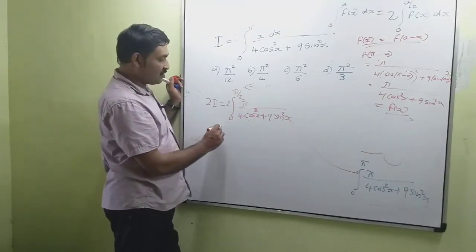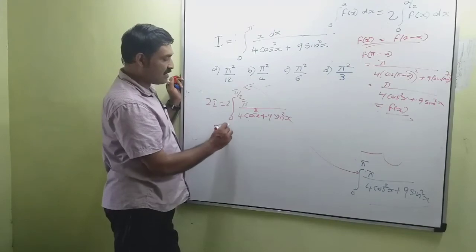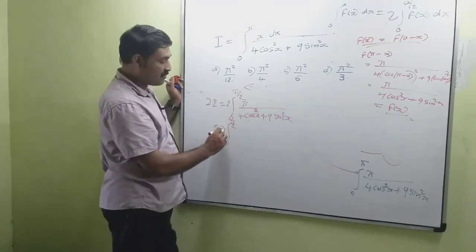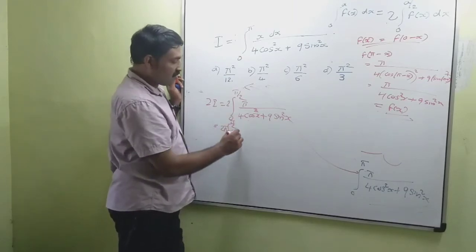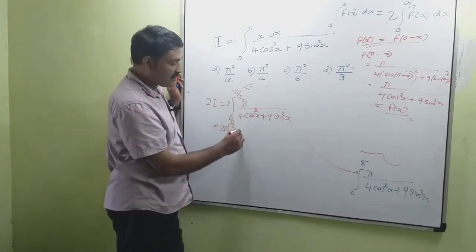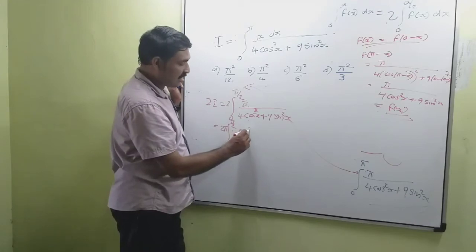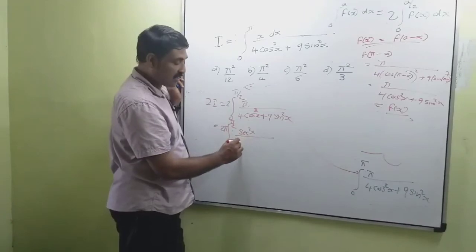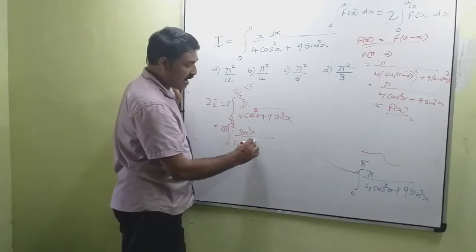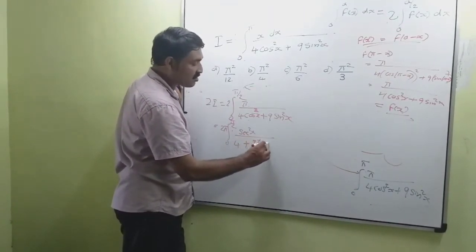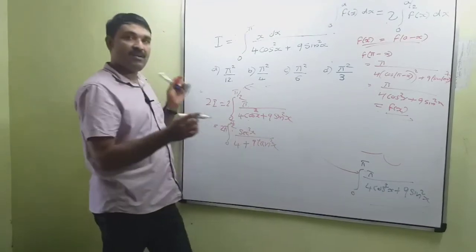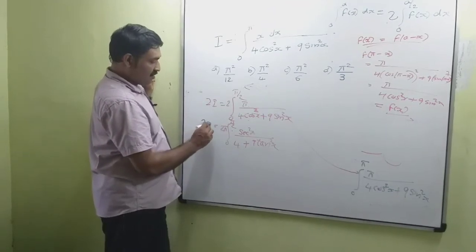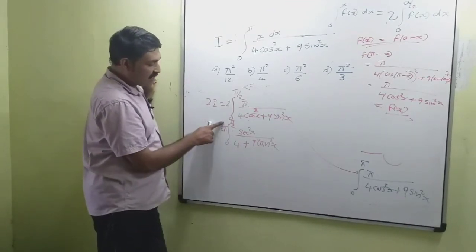So I can write this as 2 times the integral from 0 to pi by 2 of pi. This pi can be taken outside, so this becomes 2 pi. Then dividing by cos square x, the numerator becomes sec square x, divided by 4 into cos square x by cos square x, that is equal to 1, plus 9 tan square x. Okay, now this is equal to 2I. The 2 in LHS and RHS get cancelled.